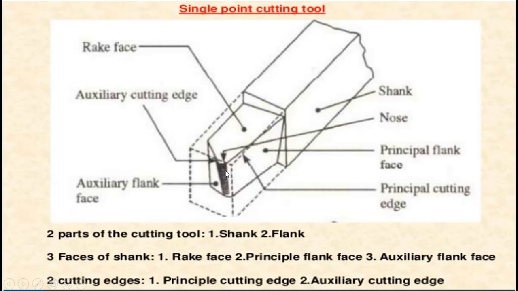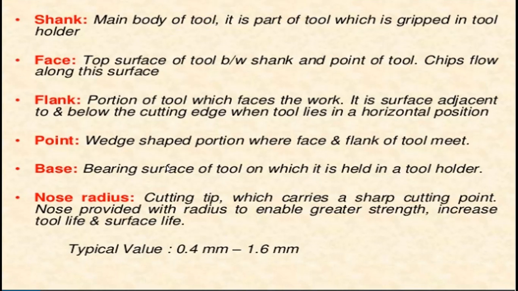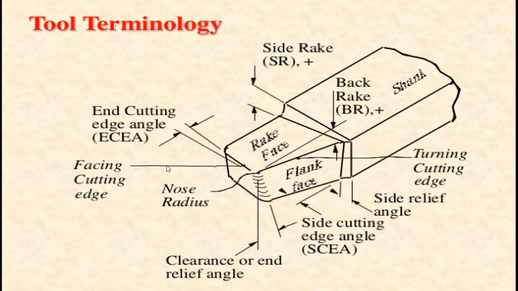It is not kept pointed in order to increase tool life, because if it is kept pointed, there are more chances of it breaking down. So this point is provided with some radius, known as the nose radius. The general value of nose radius is 0.4 mm to 1.6 mm.